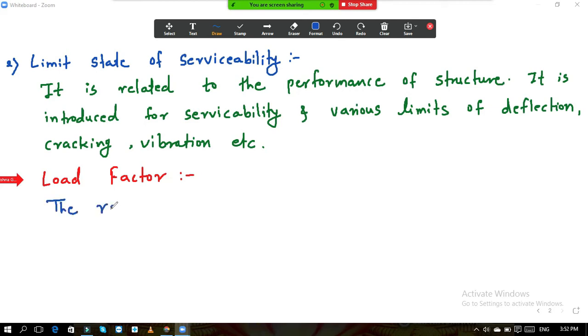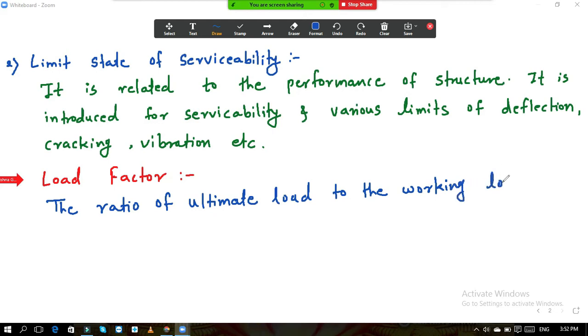It is the ratio of ultimate load to the working load, which is called load factor. And this is also our factor of safety.